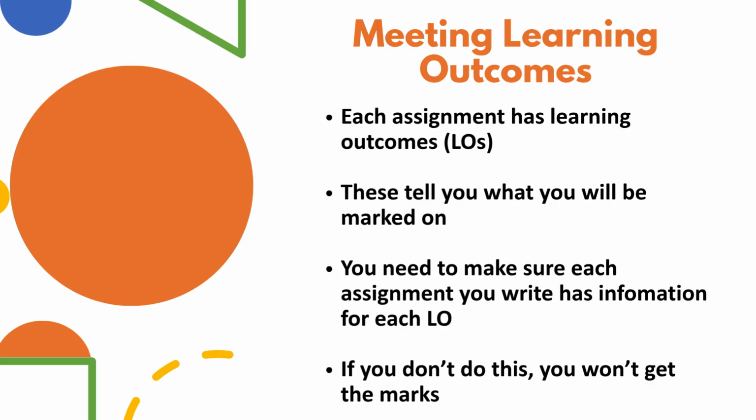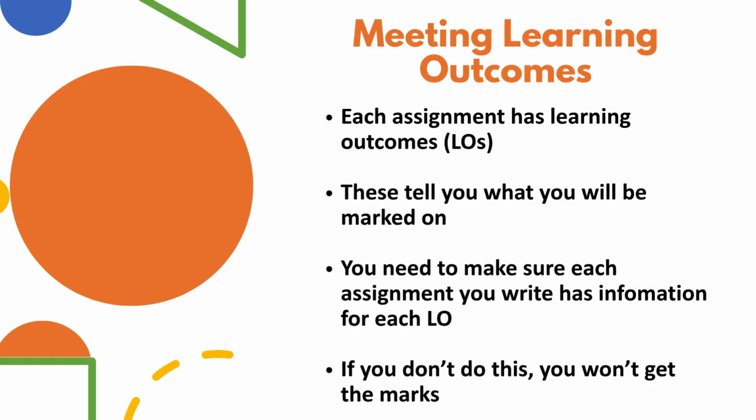Learning outcomes is a good place to start, because each assignment that you're given to write will likely have learning outcomes. These are important because they tell you what you will be assessed on, what you'll be marked on. In other words, they tell you the information that you need to include.